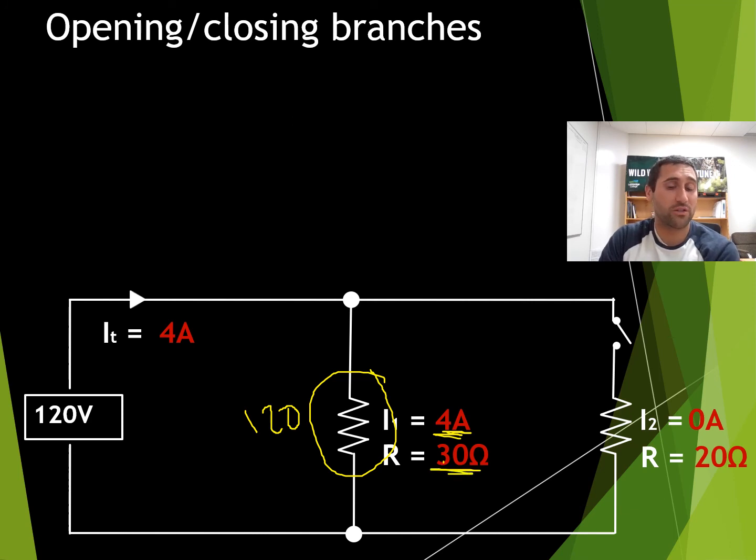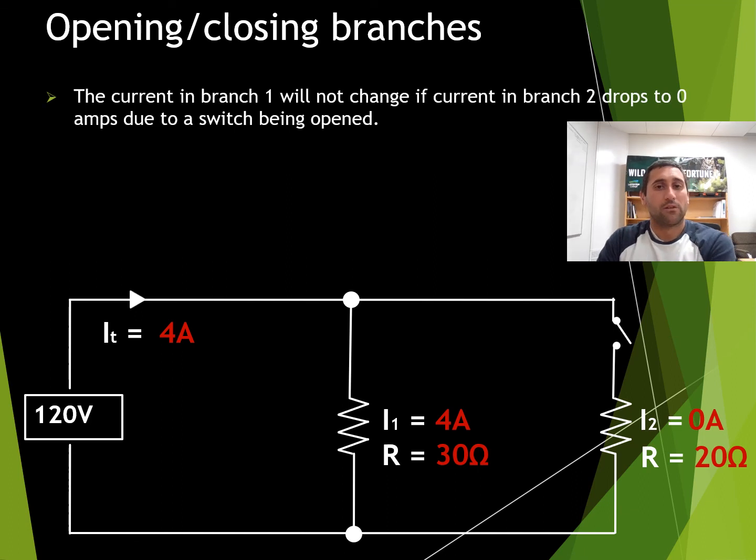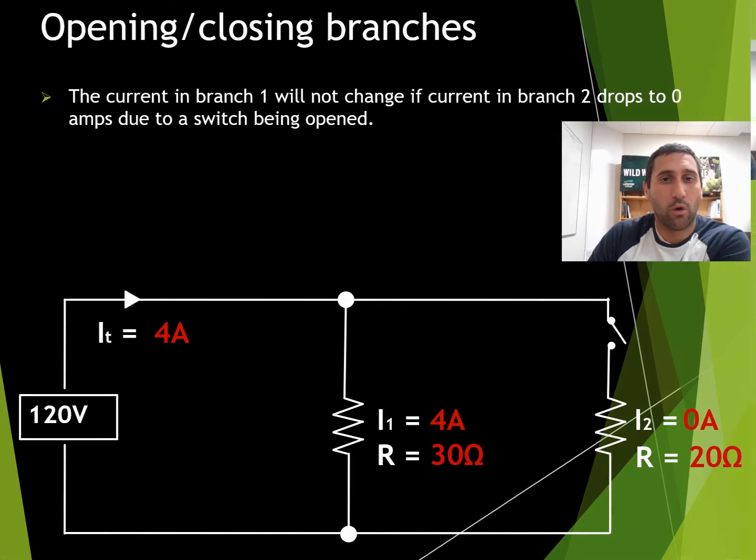Resistance also didn't change. The thing that changed was this value, our total current. So the current in branch 1, once again, these are just summative notes, will not change if branch 2 drops to 0 due to the switch being open.